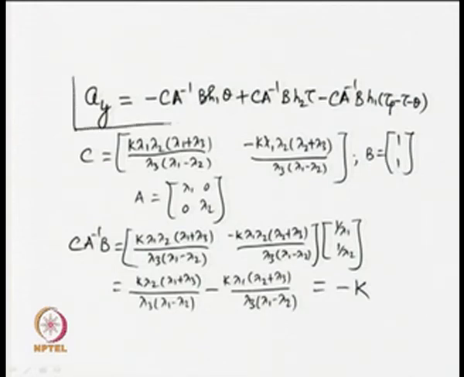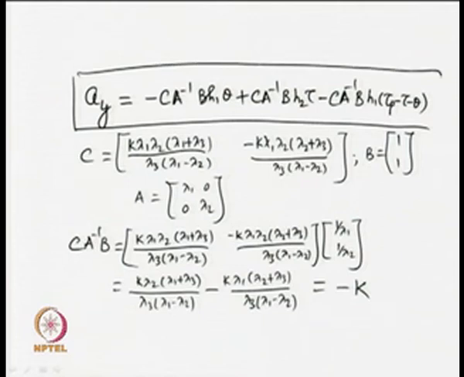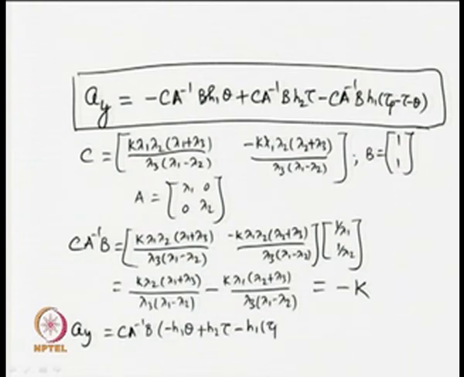Then A y can be written as follows. You see in all the 3 terms you have got C A inverse B. So, why do not you take it common, giving us A y equal to C A inverse B times minus H1 theta plus H2 tau minus H1 tau p minus tau minus theta.